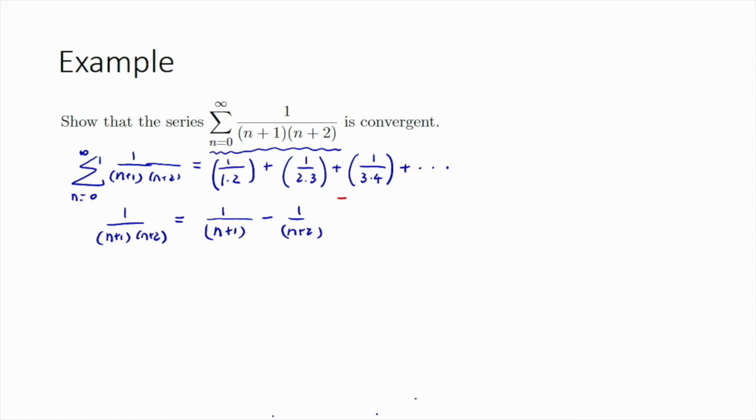So we're going to work out the right-hand side and verify that it in fact is equal to the left-hand side. So 1 over n plus 1 take away 1 over n plus 2.